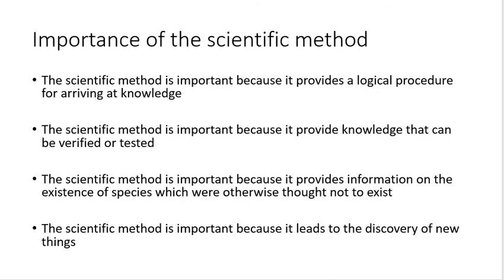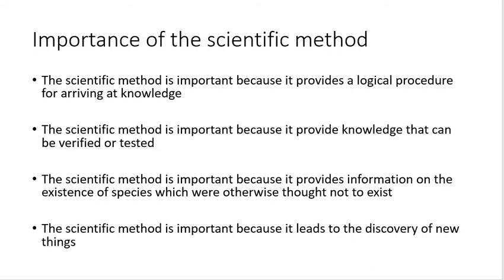Also, the scientific method is important because it provides knowledge that can be verified or tested. Yes, this knowledge that comes out, people have gone through the process and they have tested it. And the scientific method is also important because it provides information on the existence of specimens which otherwise we thought may not be in existence.